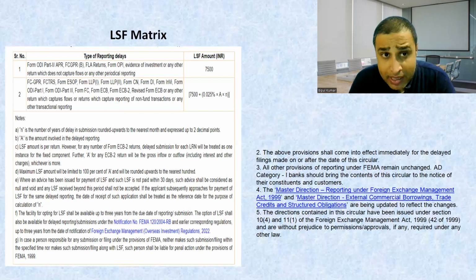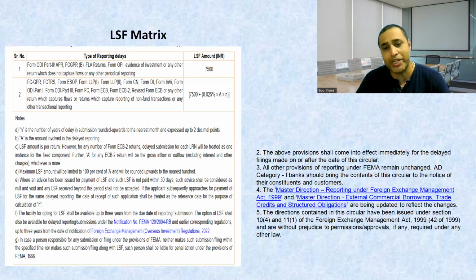This is the late submission fee matrix, and this provision shall come into effect immediately for delayed filings made on or after the date of this circular, that is 30th September 2022, and all other provisions of reporting under FEMA remain unchanged.